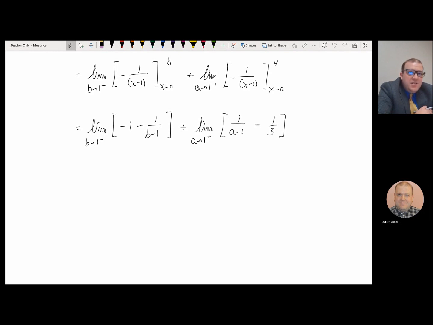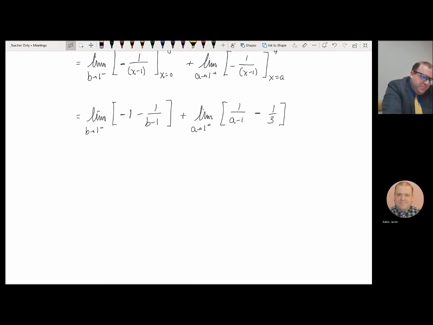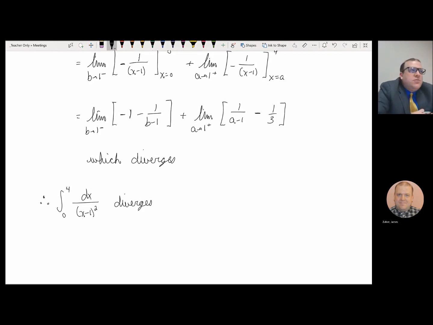Specifically, it's negative infinity, which diverges. So the integral diverges.